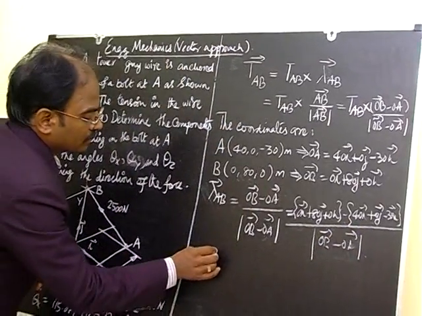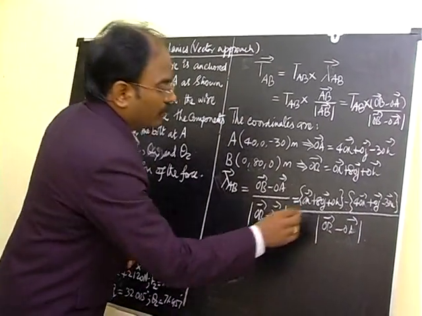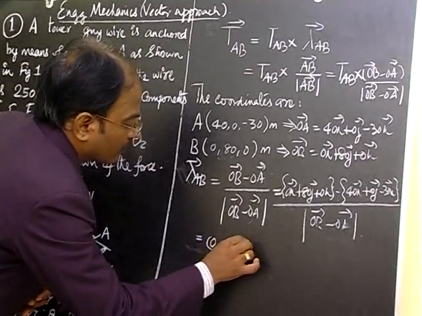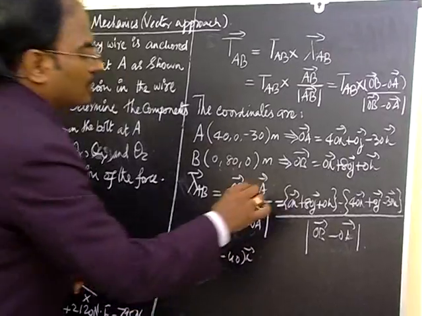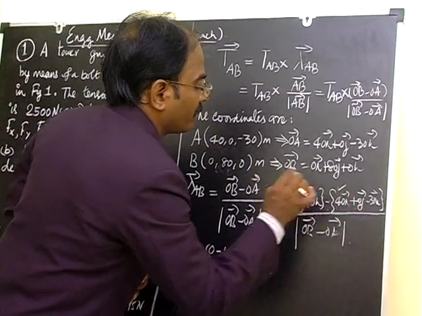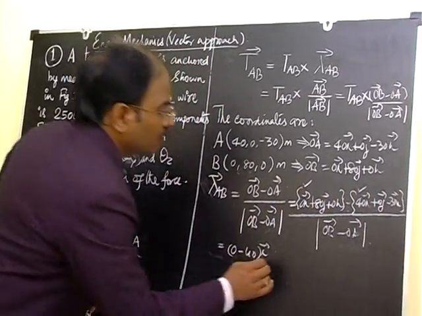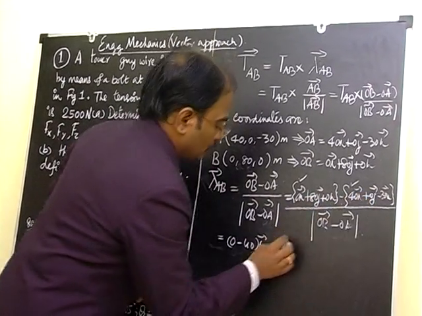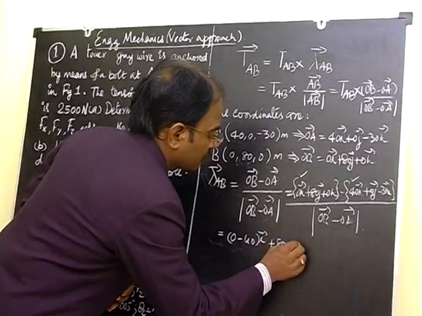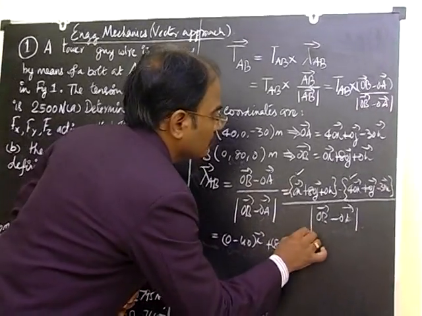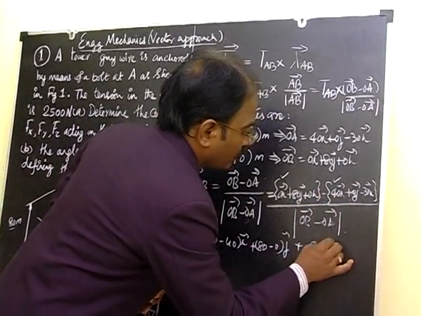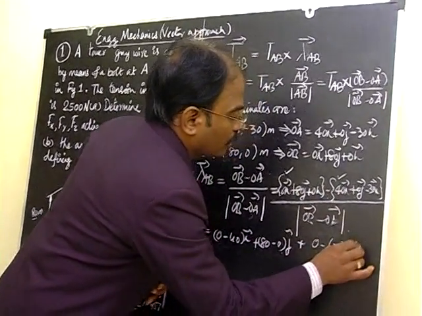So this is nothing but 0 minus 40 i vector, here is 0, here is 40 minus, so 0 minus 40 i vector, plus 80 minus 0 j vector, plus 0 minus minus 30 k vector.